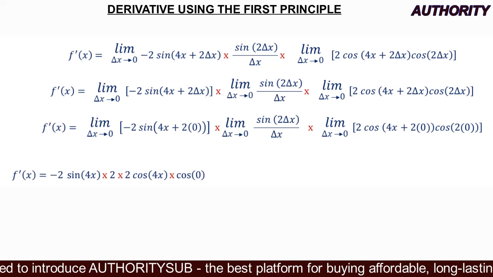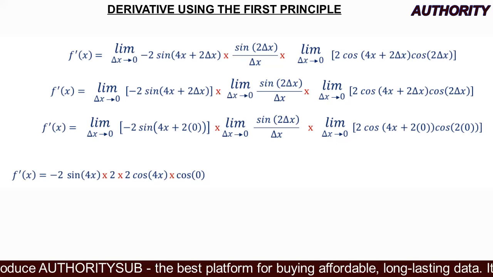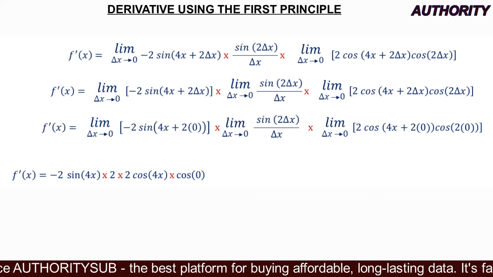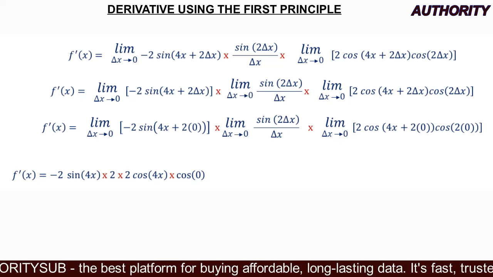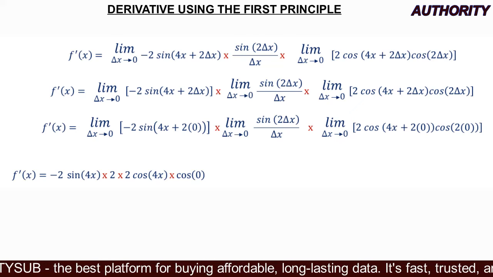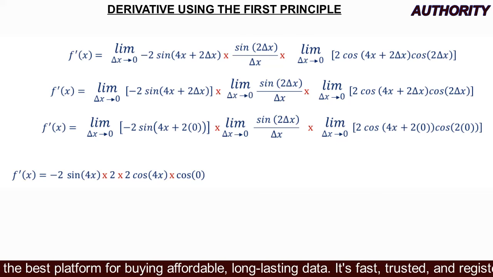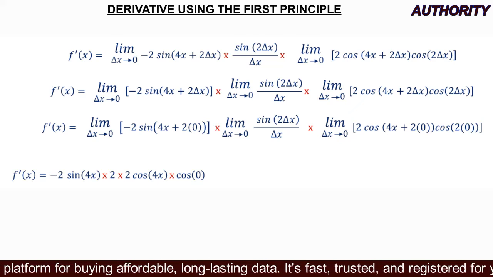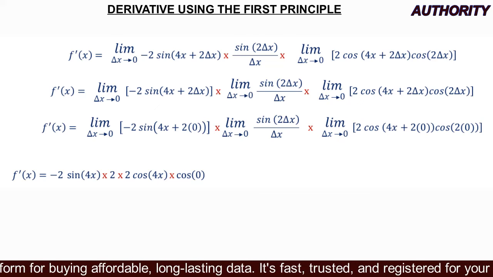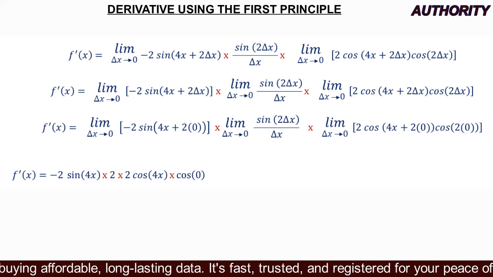Right? Good. The next one, limit as change in x approaches 0 of sin 2 change in x all over change in x is giving us what? 2. Then multiplied by the other part, we have 2 cos(4x + 2 multiplied by 0, which is 0). So 4x plus 0 is 4x. So here we have 2 cos 4x, and then in the other part we have cos of 2 times 0, which is 0.